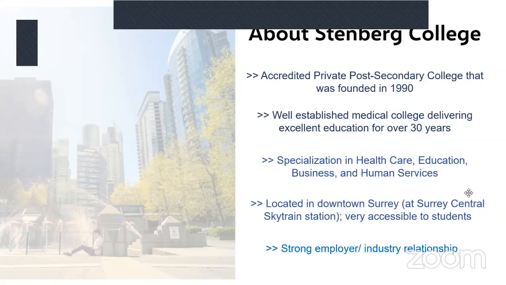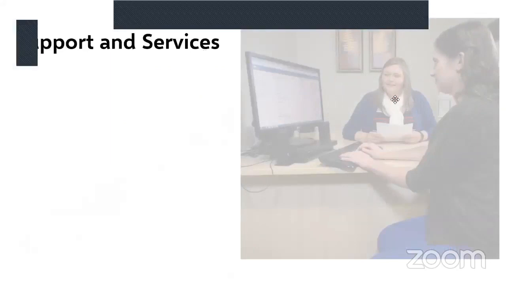One of the things that we're very well known for is our strong employer and industry relationships. This is something that I'll be discussing with you later on. Once you become part of Stenberg College, we want to make sure that you're successful, so we have support and services for you.